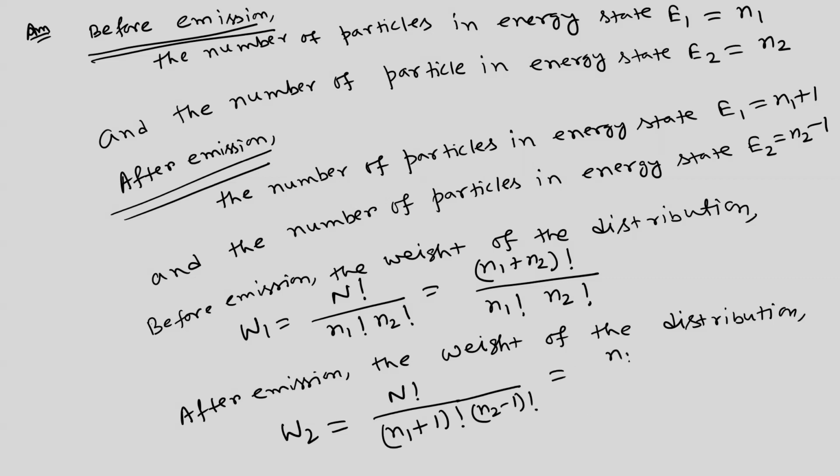So, we get W2 is N1 plus N2 factorial by N1 plus 1 factorial times N2 minus 1 factorial. So, we have got the weights of the distribution before emission as well as after emission. Once we have this, we can calculate the entropy before emission and the entropy after emission.